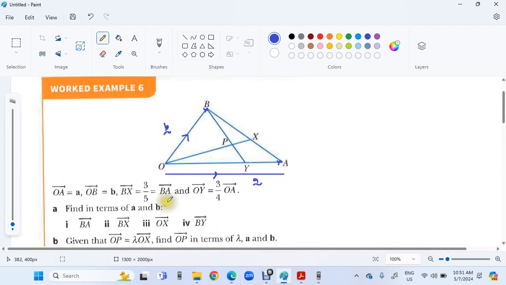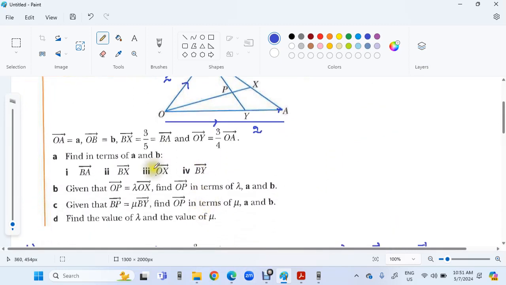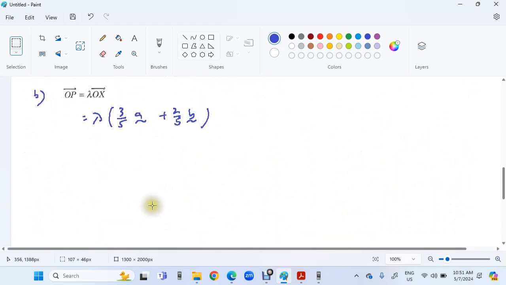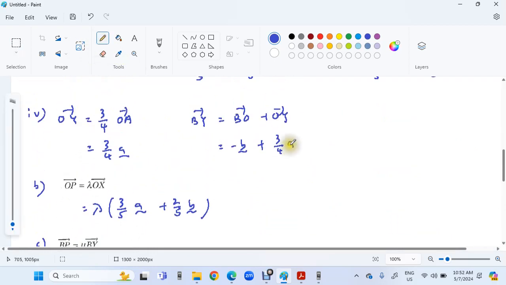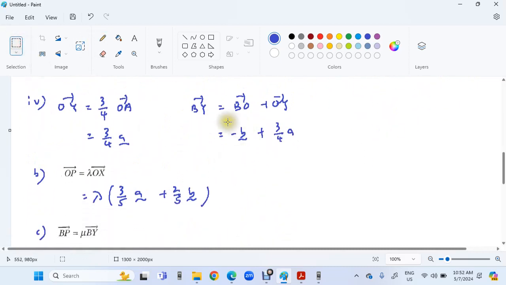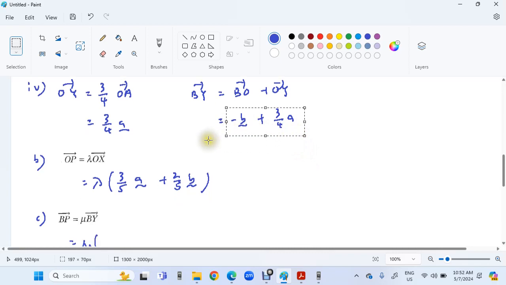BY we have here in number 4. So BP equals mu BY, which is mu times negative B plus 3 over 4 A.